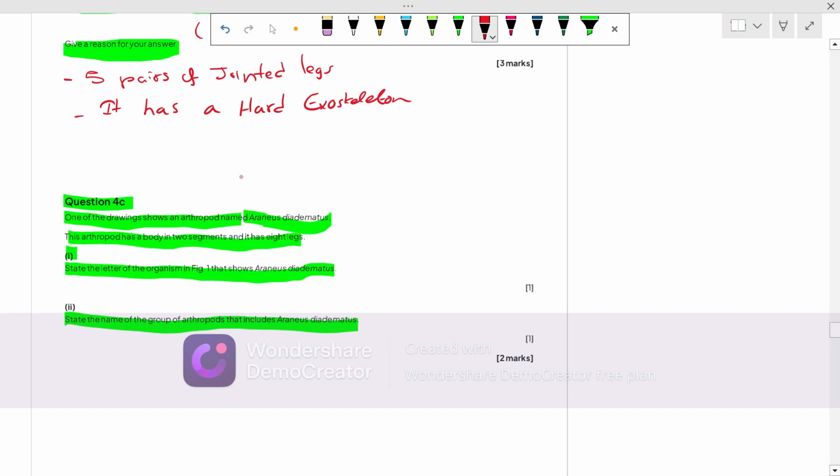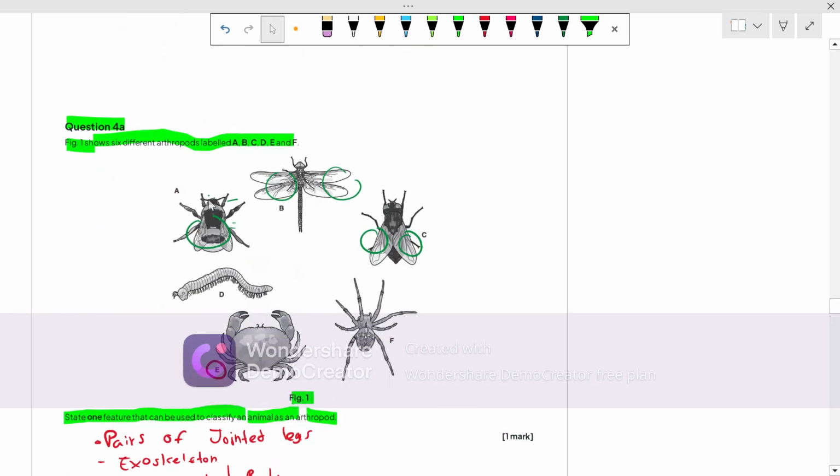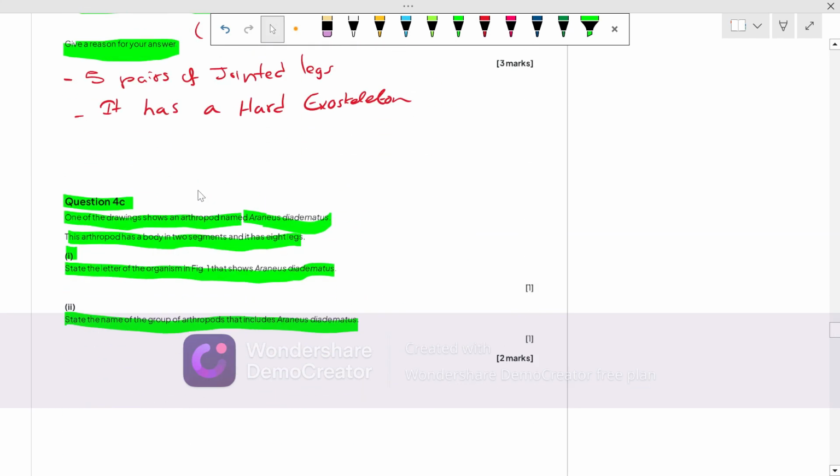Let's return back to the diagram. 2 segments and 8 legs. Let's see, F. F is one that has a 2-part body and 1, 2, 3, 4, 5, 6, 7, 8 legs. So the answer is F. State the letter of the organism that shows Araneus diadematus.